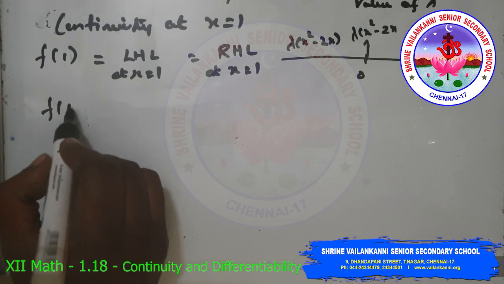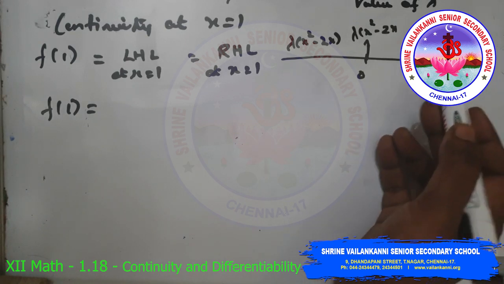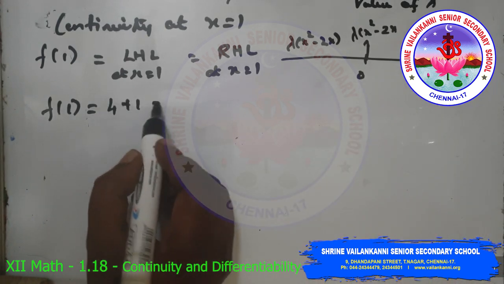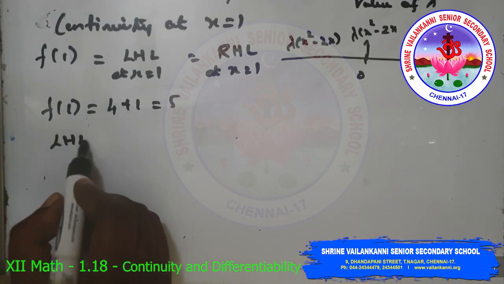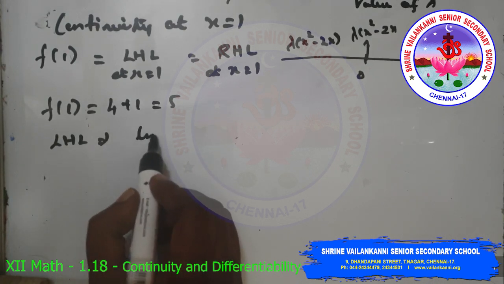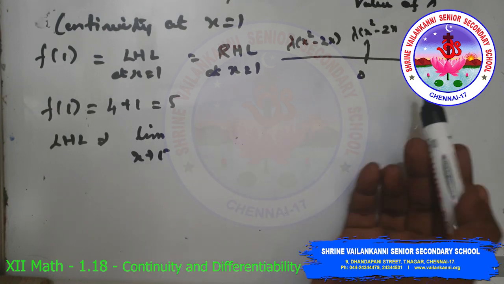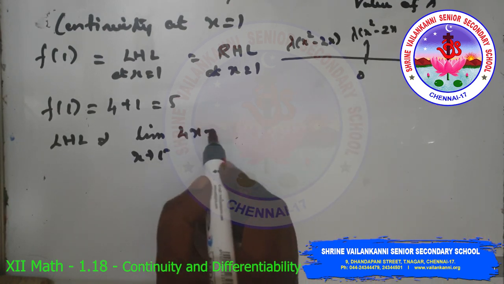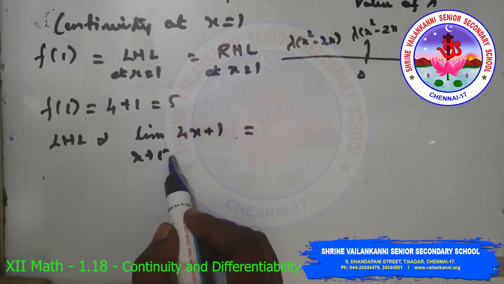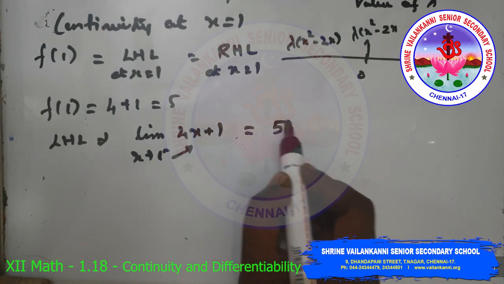Then f of 1 is 4x plus 1, substituting the value, 4 plus 1, which is equal to 5. Left hand limit, x tends to 1 minus f of x, which is 4x plus 1. Substituting x as 1, we get 5.